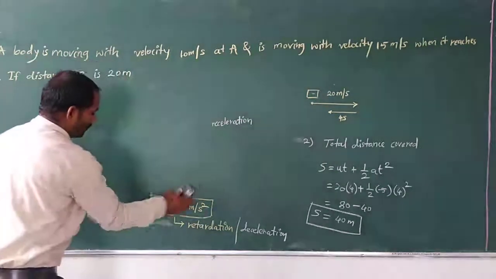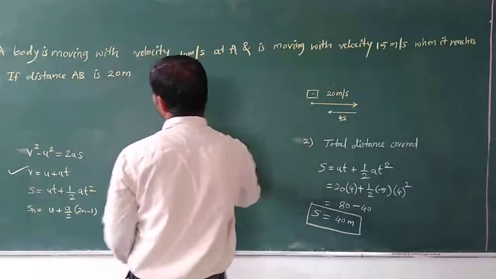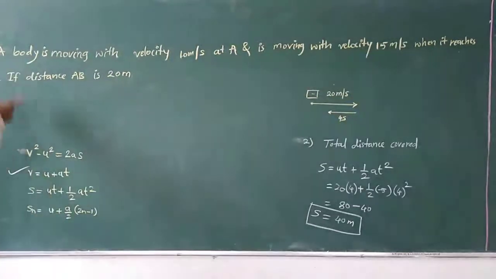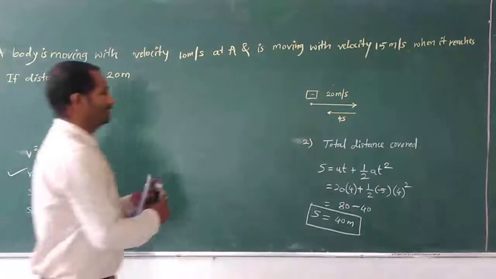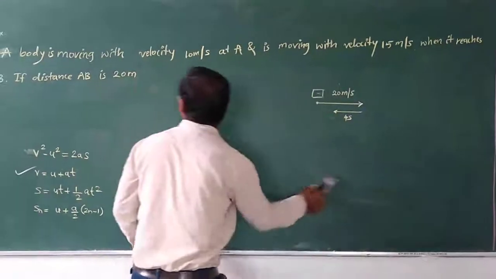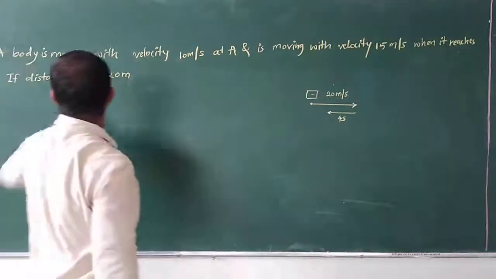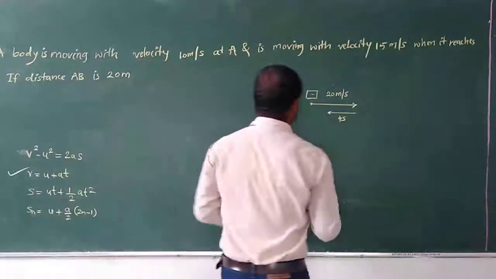So one car is moving with some speed, means one body or car. Suppose we consider a car here. A car is moving with velocity of 10 meter per second.